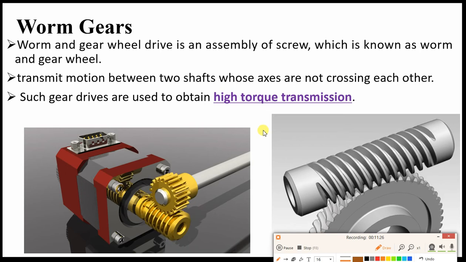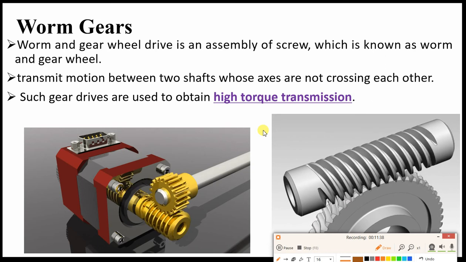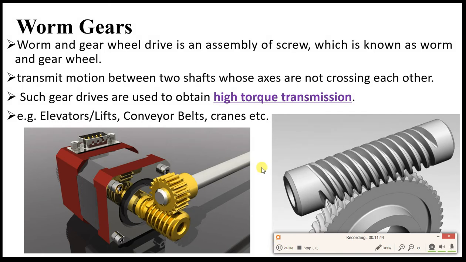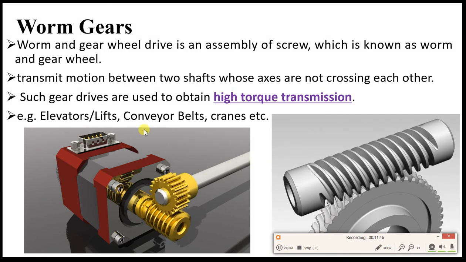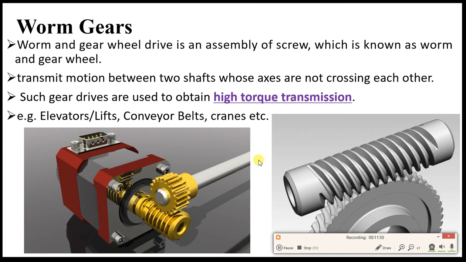When the shopkeeper rotates the knob of the shutter, the shutter goes upward as well as rotating. So the worm and worm wheel gear is generally used in shop shutters, or it can be used in elevators, lifts, conveyor belts or cranes.